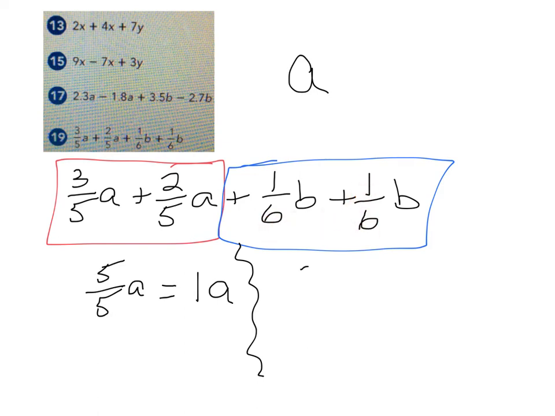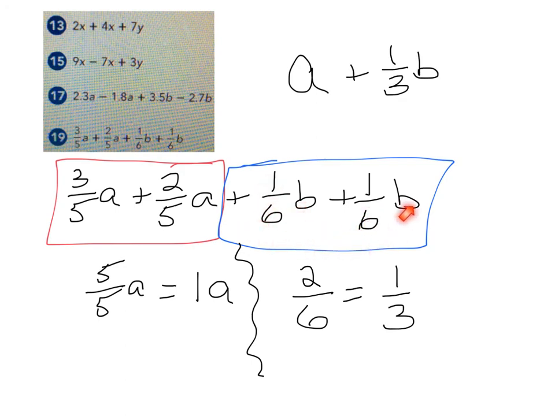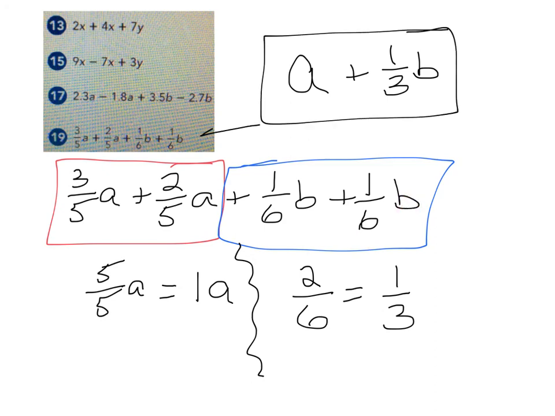So that's 2/6, which reduces to 1/3. So we're going to add 1/3 in our letter. We can combine these simply because the denominators are the same and the letters are the same. So this answer would be a plus 1/3 b. It looks a lot more difficult than that problem actually is.